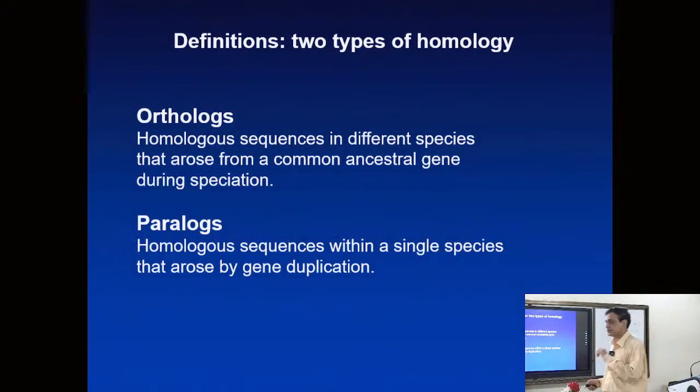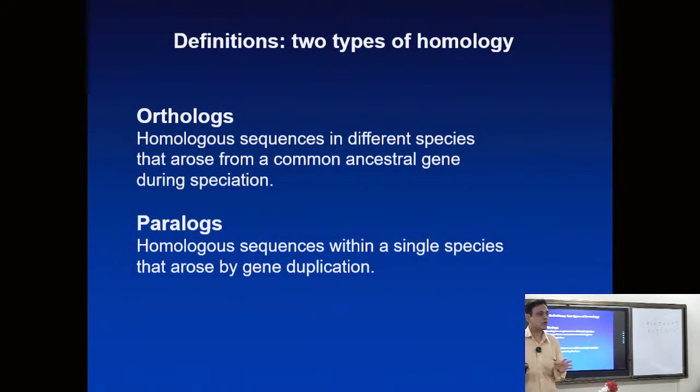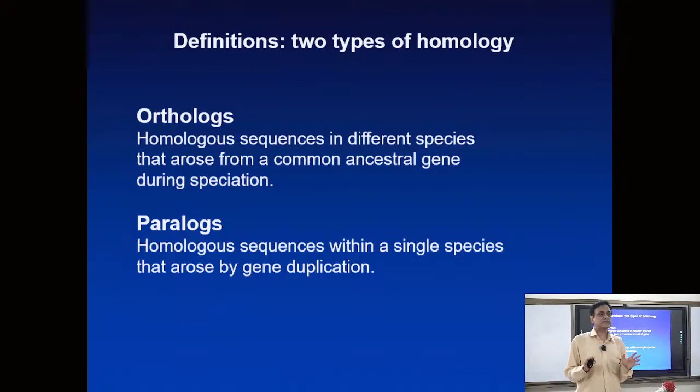Okay, orthologs. Orthologs are homologs that have arisen because of speciation. Homologs are sequences or organisms that are related by common ancestry. So this is the definition of homologs.